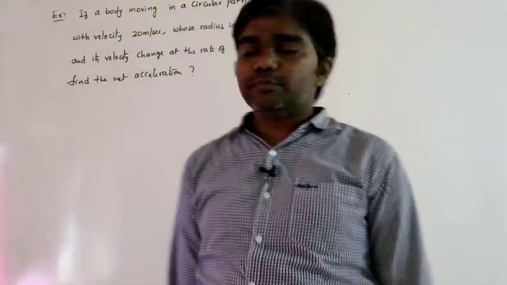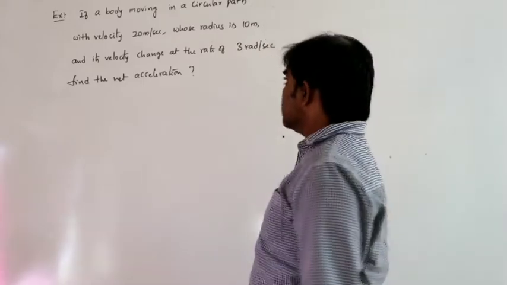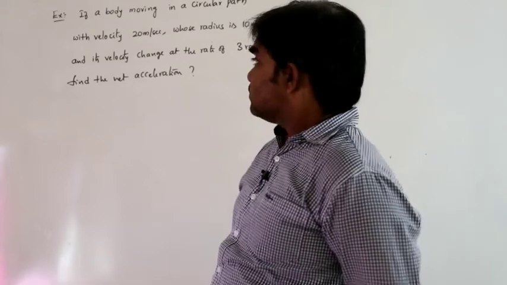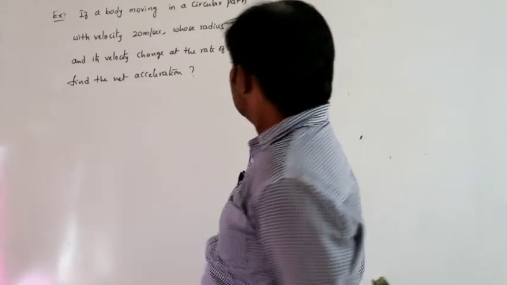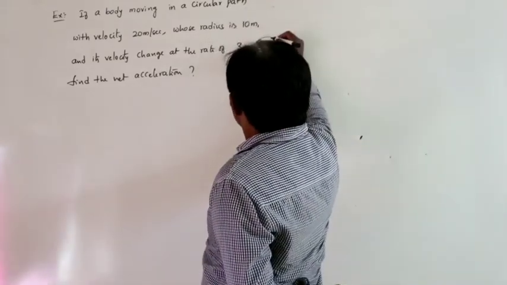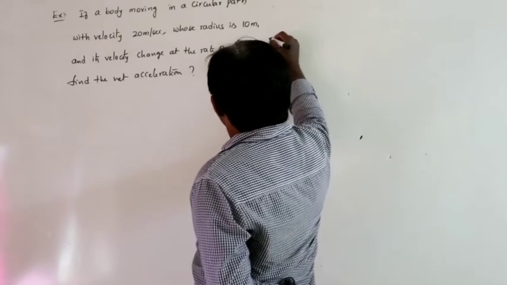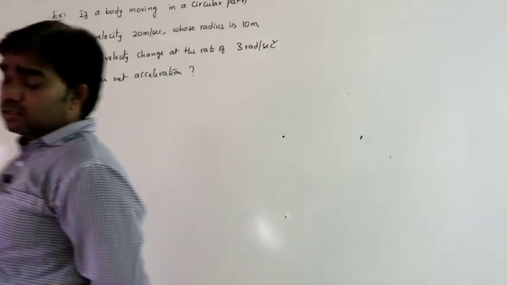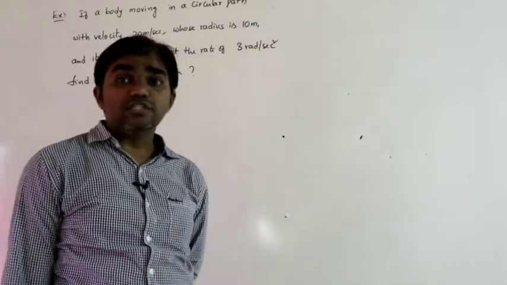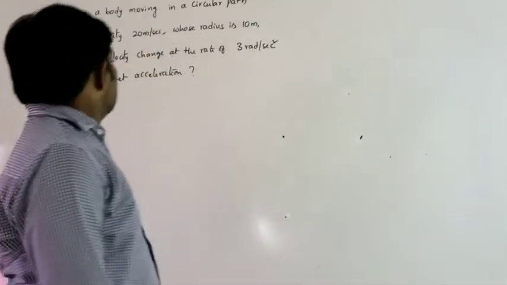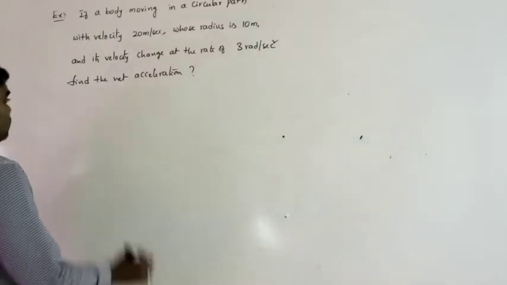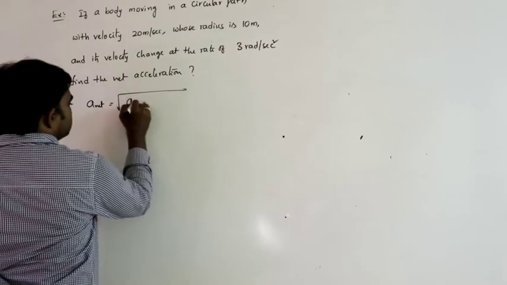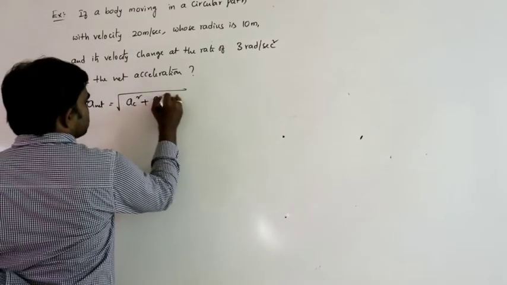A body is moving in the circular path with a velocity of 20 meters per second, whose radius is 10 meters, and its velocity changes at the rate of 3 radian per second square. So tangential acceleration is mentioned. What is the net acceleration formula? Generally square root of AC square plus AT square.